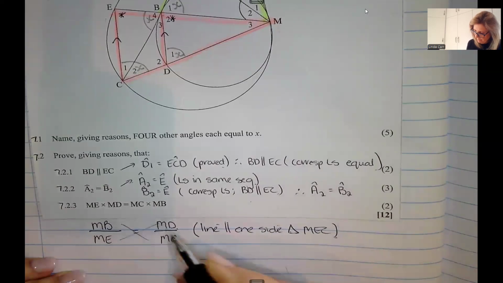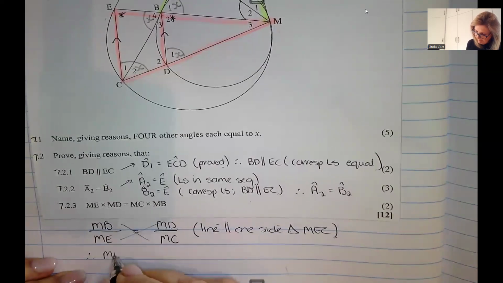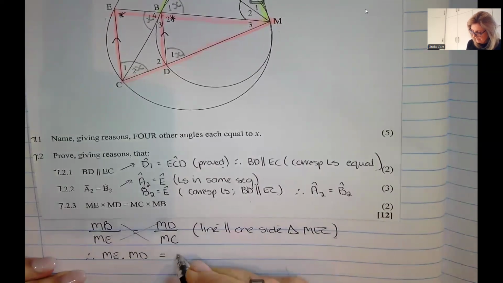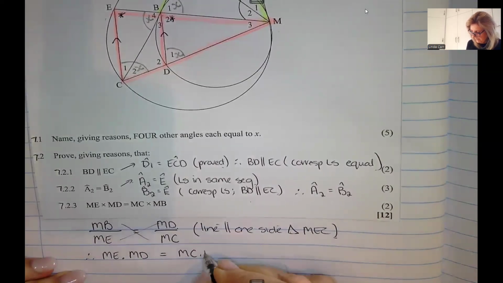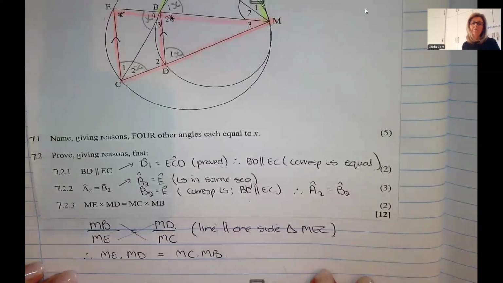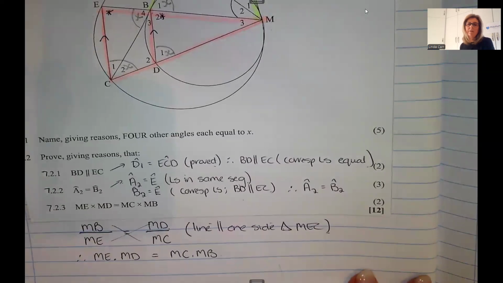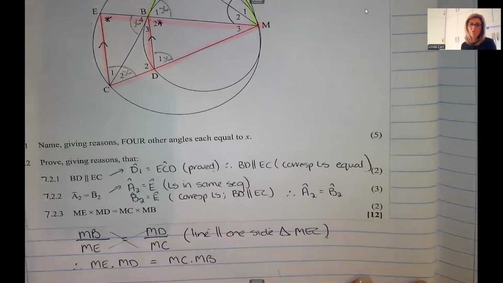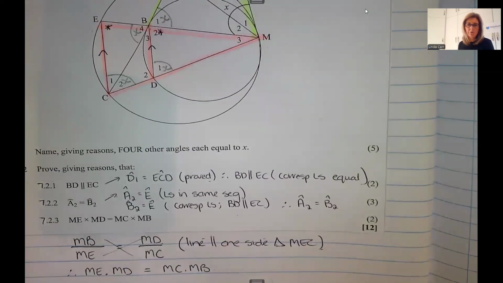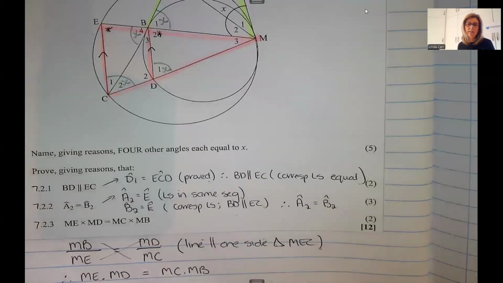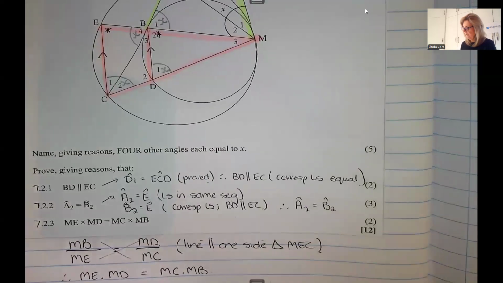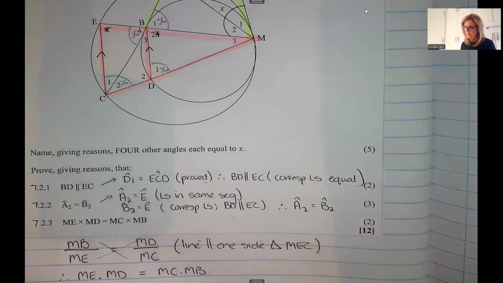So if I cross multiply, ME times MD is the same as MC times MB. Right, so that actually was a very nice, mostly level 2 kind of geometry question. Lots of grade 11 geometry and a little bit of grade 12. Okay, so let's see if we can finish off with a bit of a challenge over here.